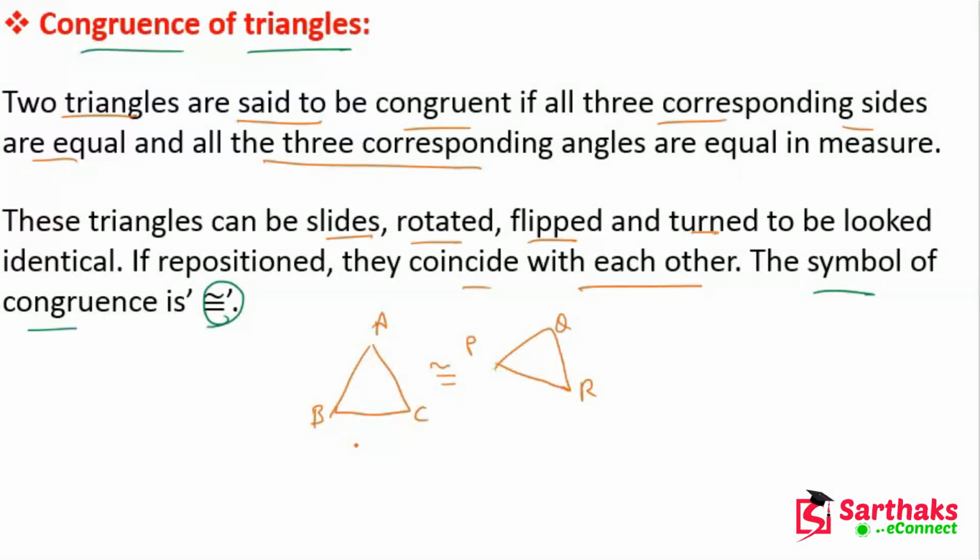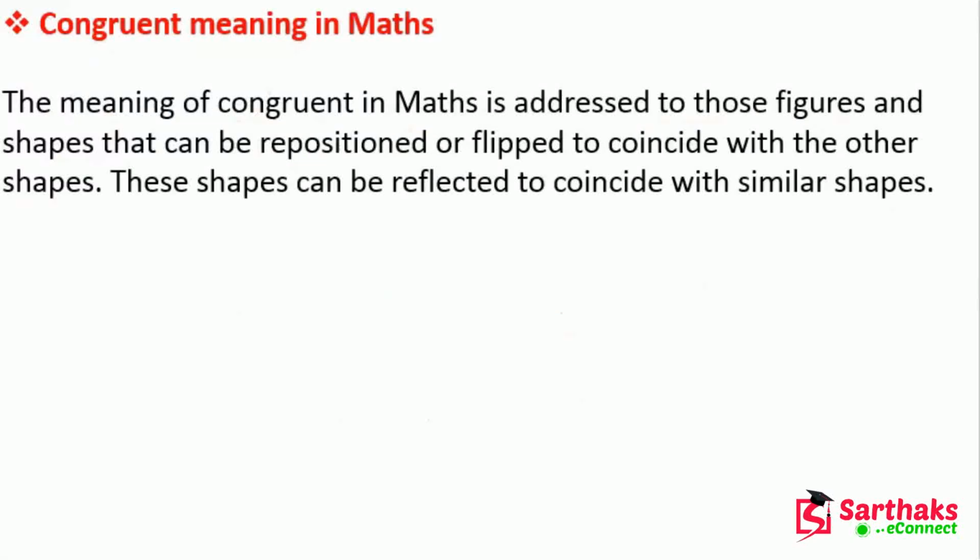In the case of geometric figures, line segments with the same length are congruent and angles with the same measures are congruent. We already discussed it. Got it, my dear friends? So here is congruent meaning in maths.